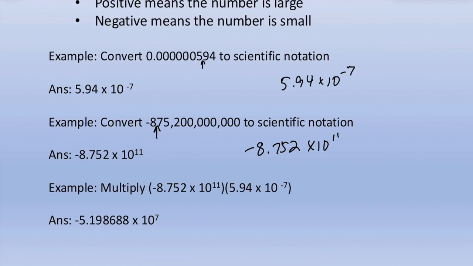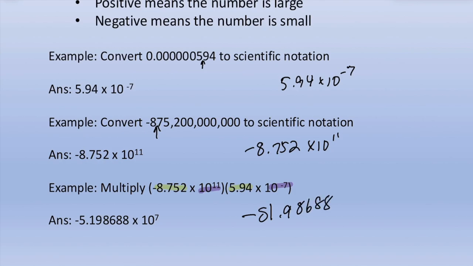Now, to multiply scientific notation, we want to multiply the numerical portions. We want to combine the base 10 portions, and then we might have to convert a little bit. Okay. So first, let's multiply the -8.752 times the 5.94. Now remember, a positive times negative is going to give us a negative. So I got -51.98688.